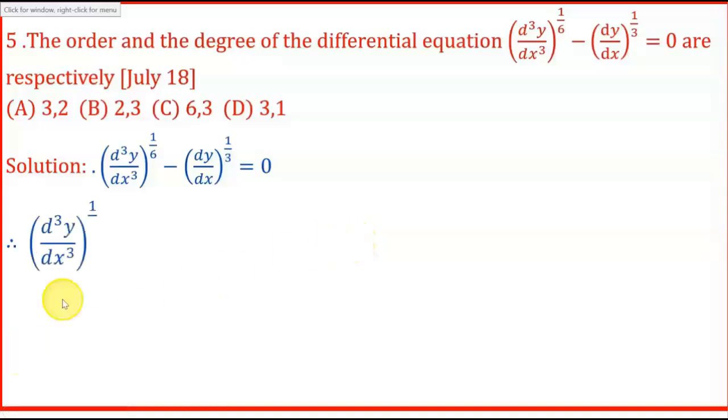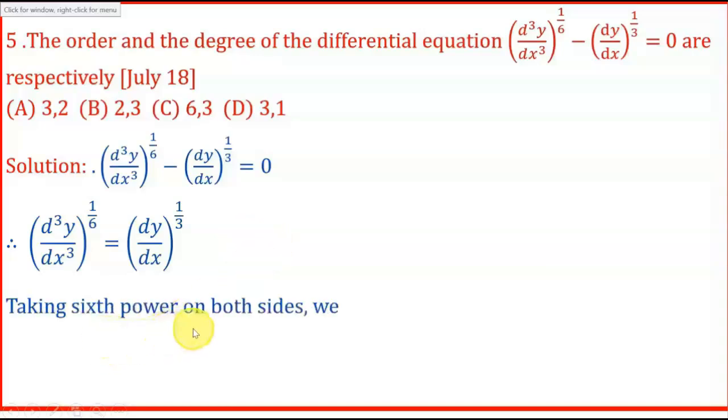(d3y by dx cube) raised to 1 by 6 is equal to (dy by dx) raised to 1 by 3. Taking the sixth power on both sides, you will get 6 multiplied here and here.